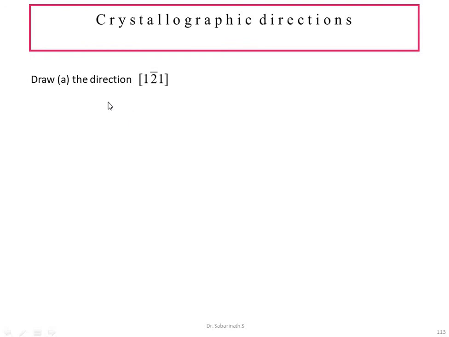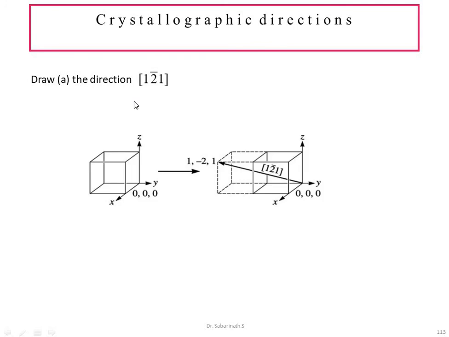Now let's see how to draw a direction. Here we have a negative direction: 1, 2 bar, 1. So 1 is along the positive x-axis, 2 bar we will take as -2 along the negative y-axis, and 1 again along the positive z-axis.